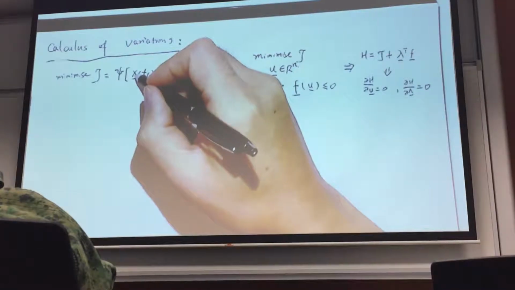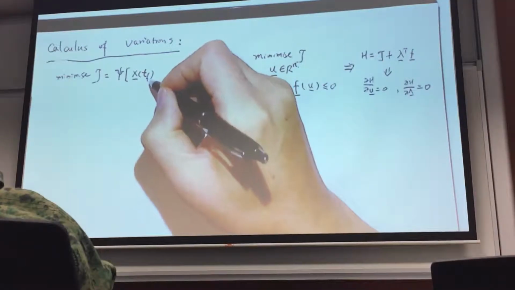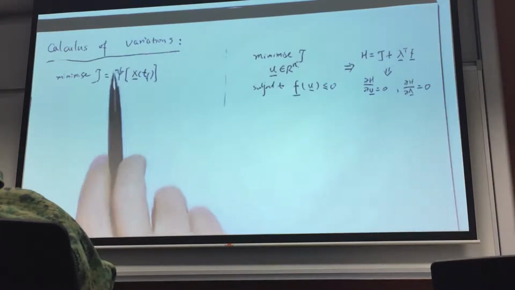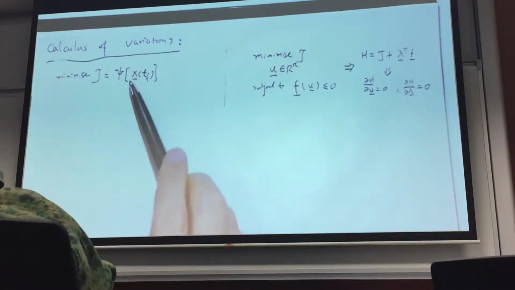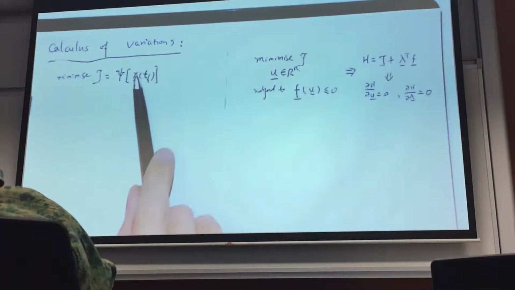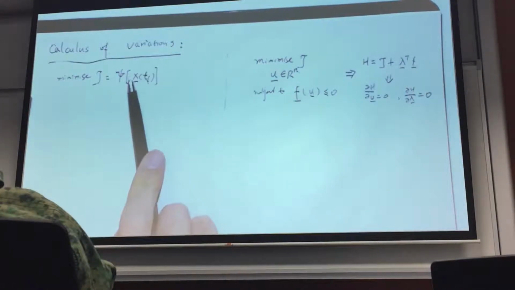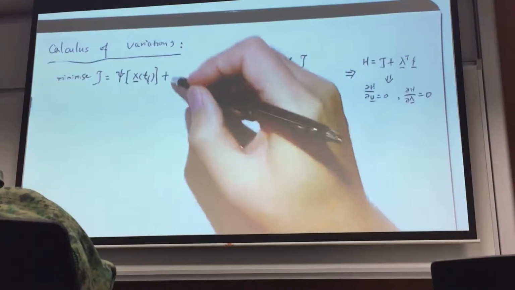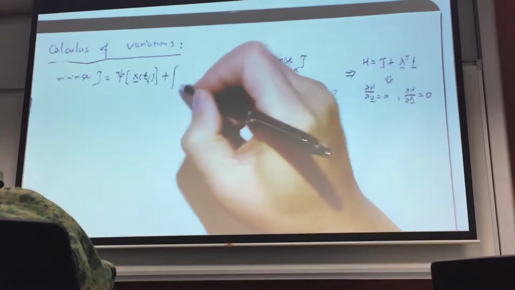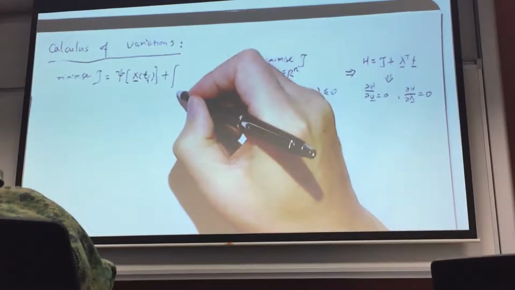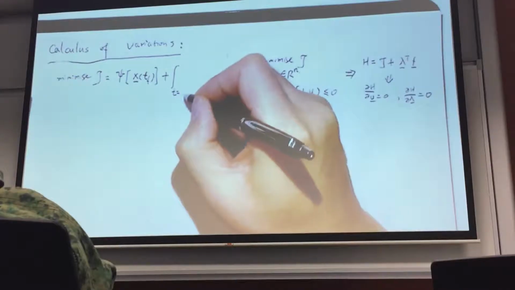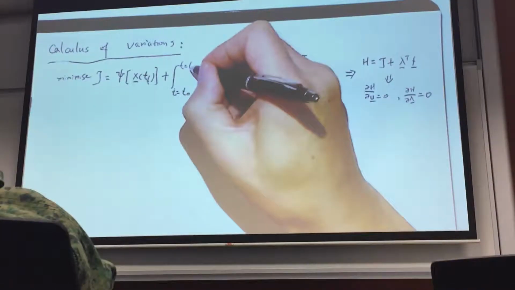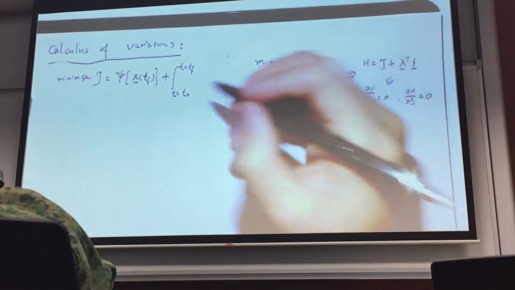So the first function defines the equations corresponding to your final state, plus something corresponding to the path from the starting point to the destination, from t0 to t equal to tf.